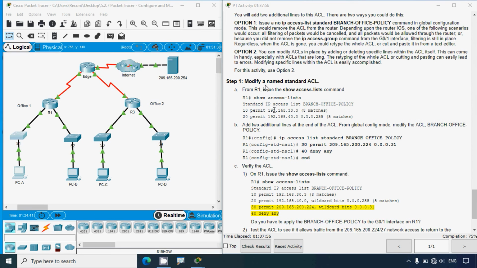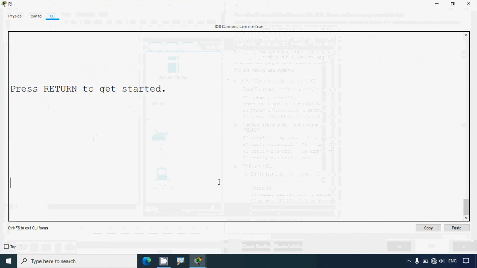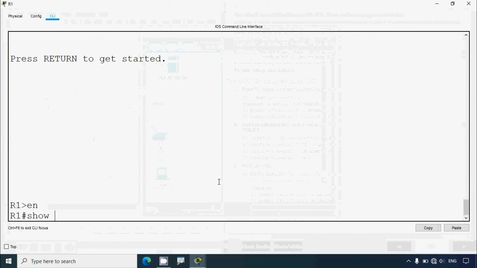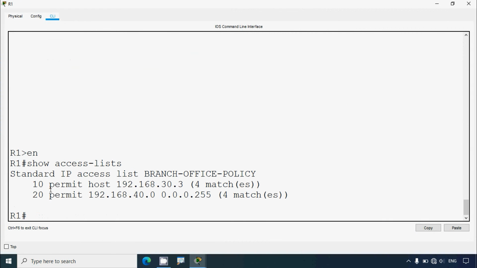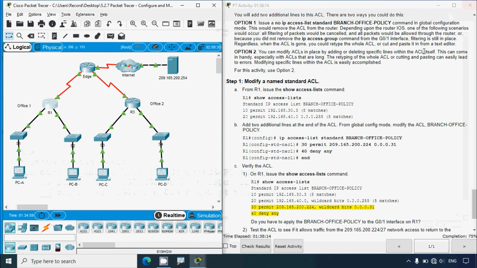Step 1. Modify a named standard ACL. From R1, issue the show access-lists command. So here in R1, we will give that command. Enable, show access-lists. And here we can see line number 10 and line number 20. Now we are going to add two additional lines at the end of the ACL.